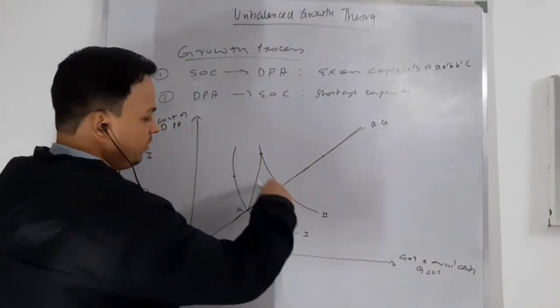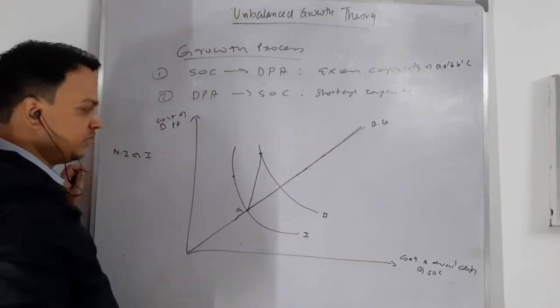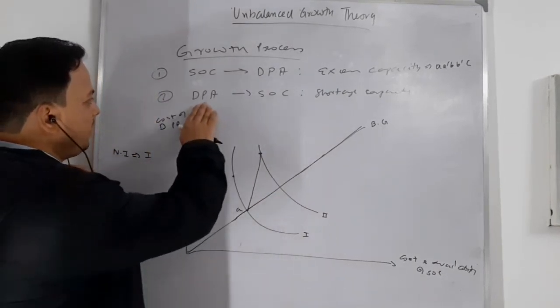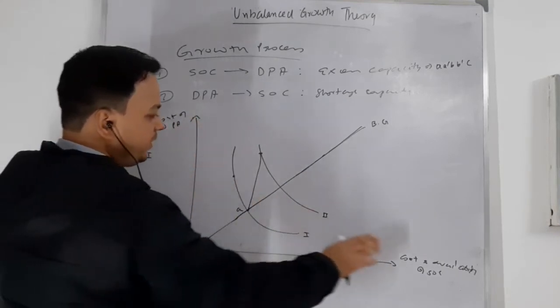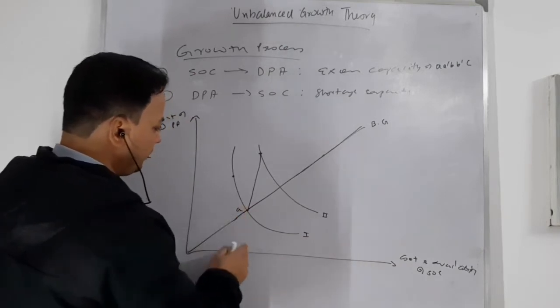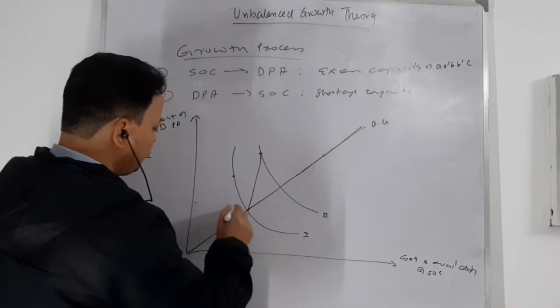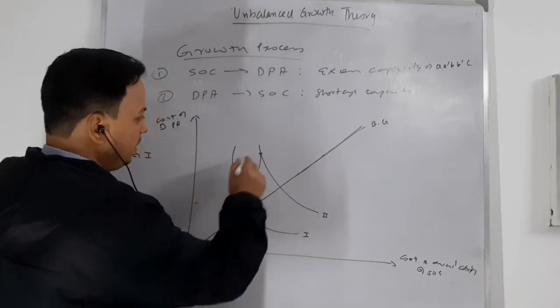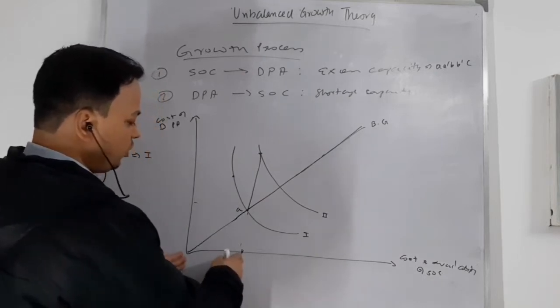At national income level 2, I will have a certain investment. Based on that investment, I will have direct productive activity, and this direct productive activity will depend on the availability of social overhead capital. So this much social overhead capital is compatible with this much direct productive activity. Now I have more direct productive activity and less social overhead capital.